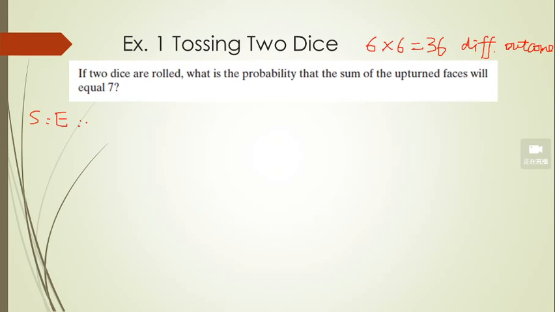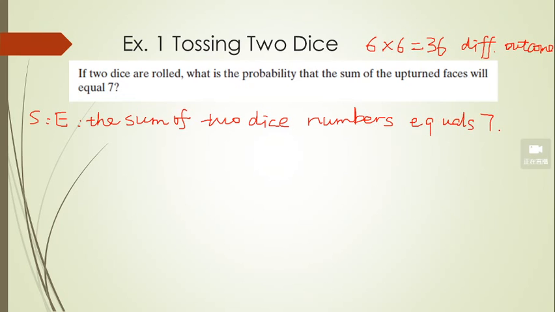E means the sum of the 2 dice numbers equals 7. We are going to list all the outcomes in event E. Be careful, each outcome should be in parentheses.